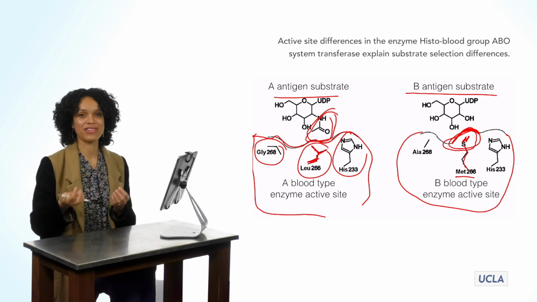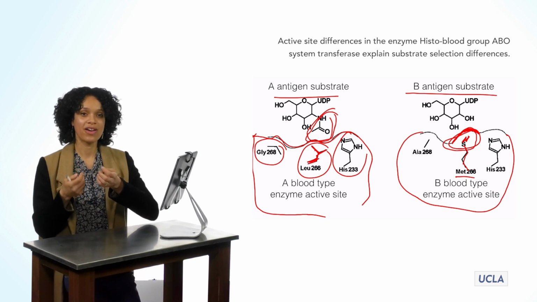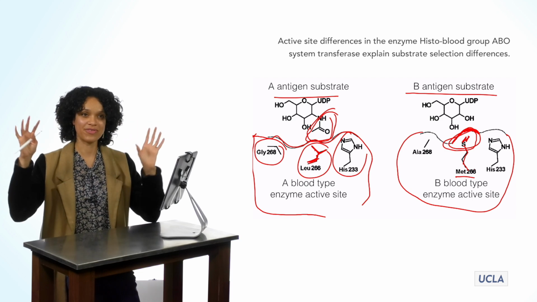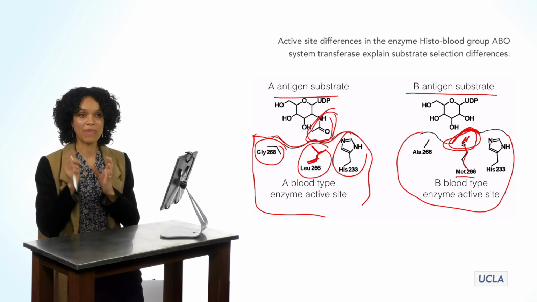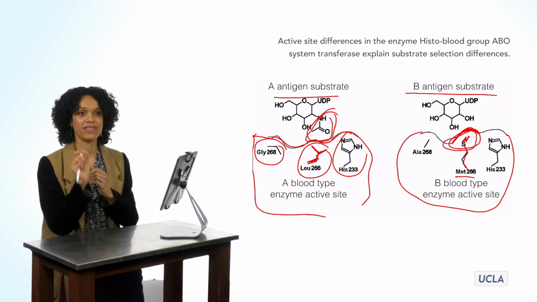So I just want you to appreciate some of the ways in which these bigger physiological things really are determined by these small molecular changes. In this case, it's really just one amino acid difference in a protein that's determining something that plays a big role in whether or not you can get a blood transfusion right away at a clinic.